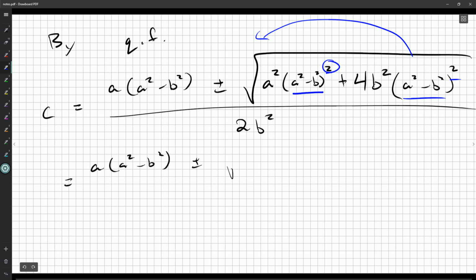Just because when I bring it out, I want to group it with this a squared minus b squared. So I'm going to make the assumption, and you would need to write this down. Assume a is greater than b. Now this might backfire on me. There might be something more in the math that tells me b should be.